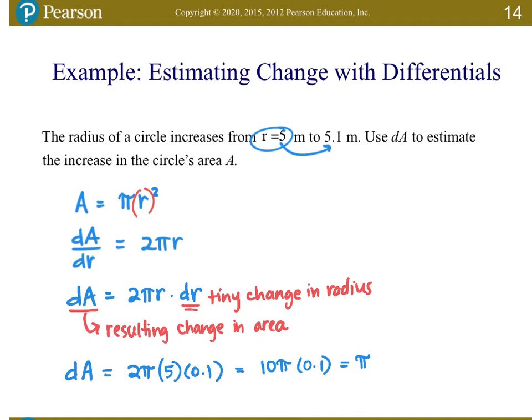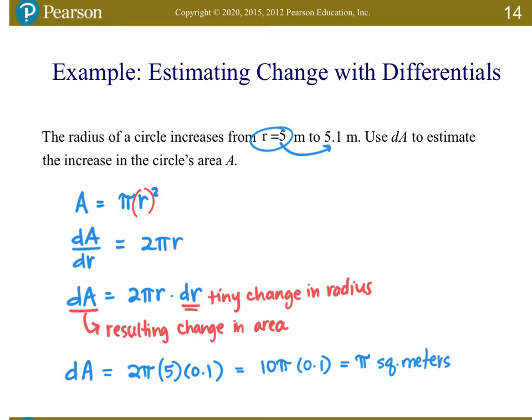So what that means is that if you change the radius of the circle by 1/10 of a meter, then the area will change by a total or an approximation of pi square meters. Okay, so think about that.